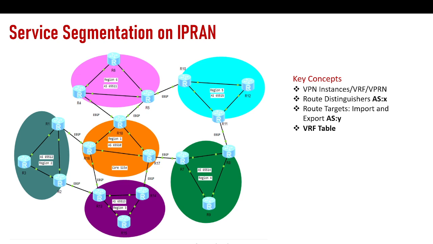For you to be able to exchange the routes, remember, you need proper planning for these route targets. So we have the import and export. When the CE or the PE is advertising the route to the other PEs, they will be checking the route targets before they can learn these routes into their routing table. So you really need to do proper planning for the route distinguishers and the route targets on the network.